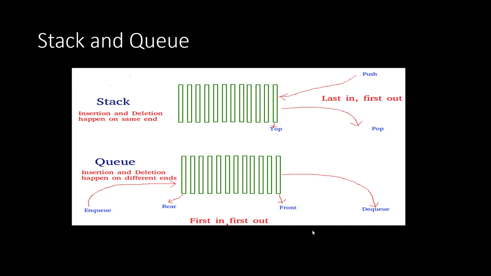In the queue, both ends are open. In this, we insert elements at the rear. We insert an element at one end, which we call the enqueue operation, and we remove the element from the other side, because in a queue both sides are open, unlike a stack.